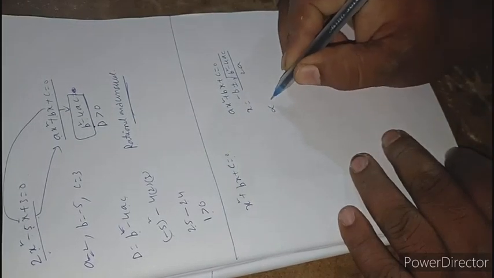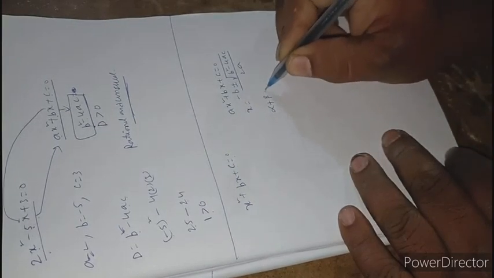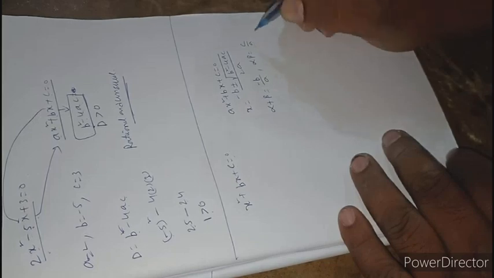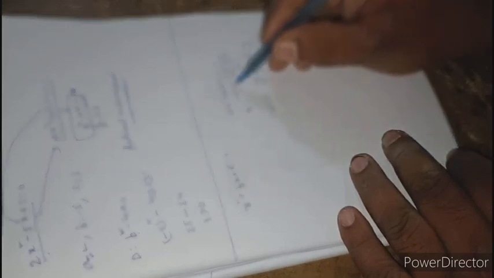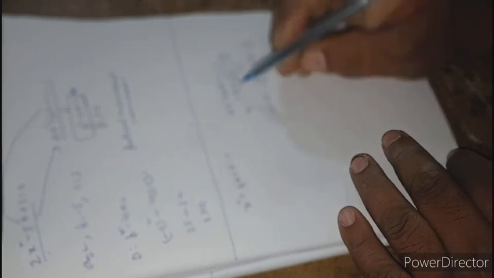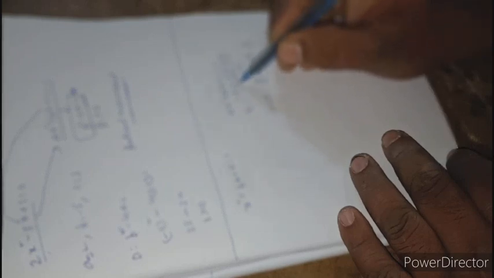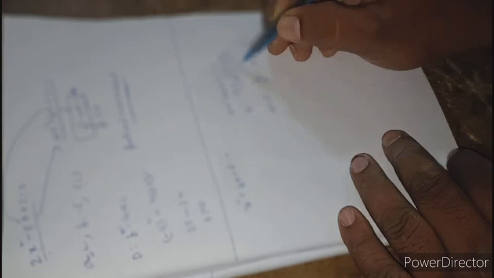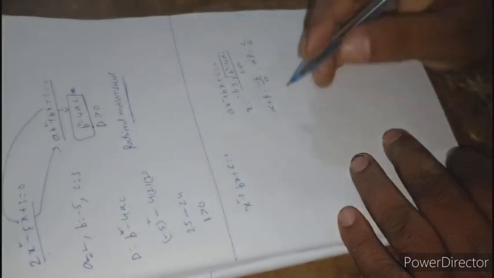Let's say it as alpha and beta. The sum of the roots is minus b by a and the product of the roots is c by a. If we write minus b plus square root of b square minus 4ac by 2a, it is alpha. Beta is minus b minus square root of b square minus 4ac by 2a. If we add alpha plus beta, sum of the roots minus b by a, we got.